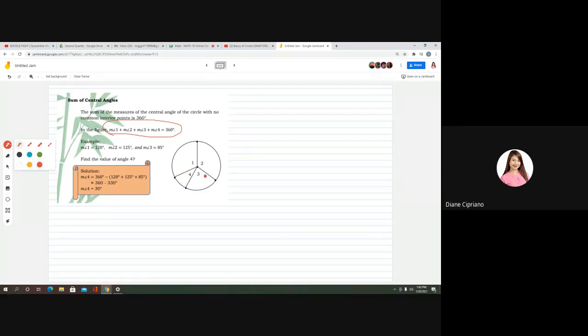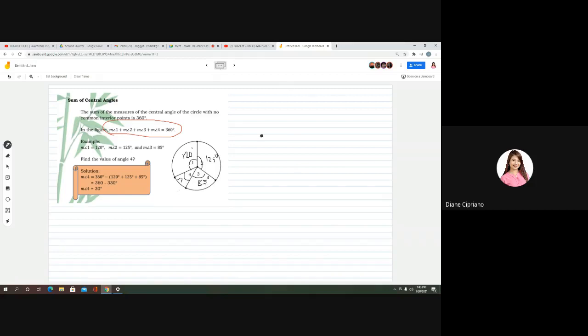So in this example, we have here 3 angles. Given that angle 1 is 120 degrees, angle 2 is 125 degrees, and angle 3 is 85 degrees, let's look for the value of angle 4.